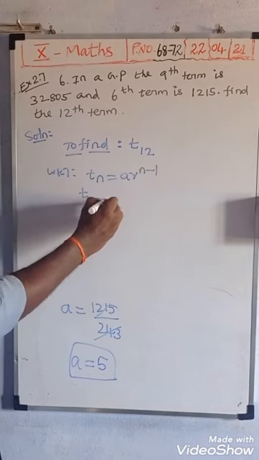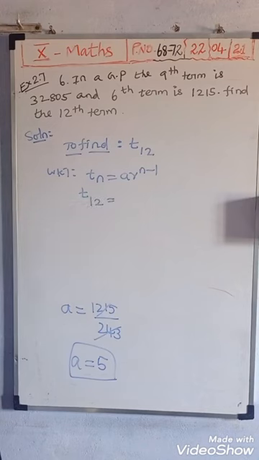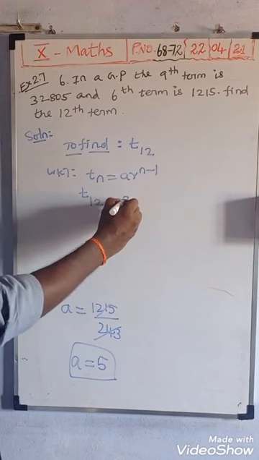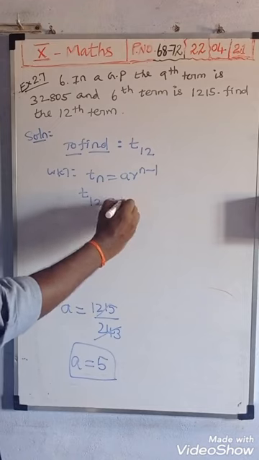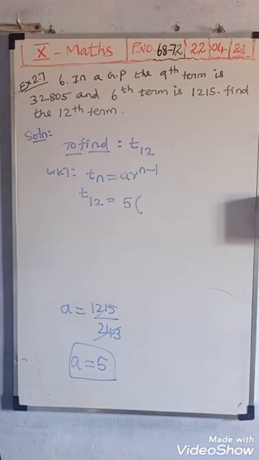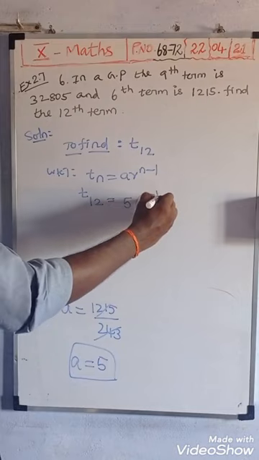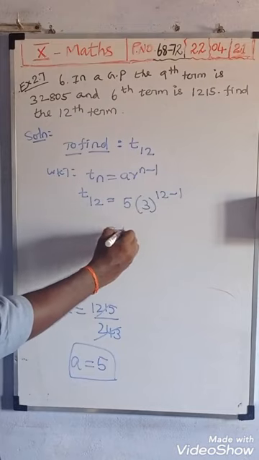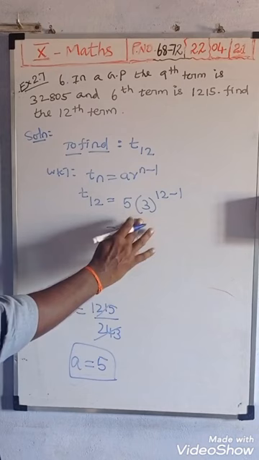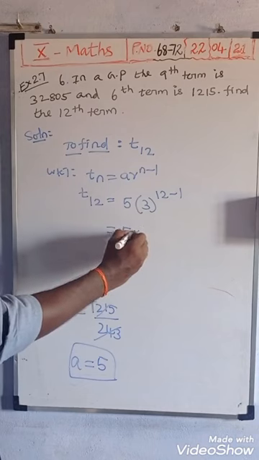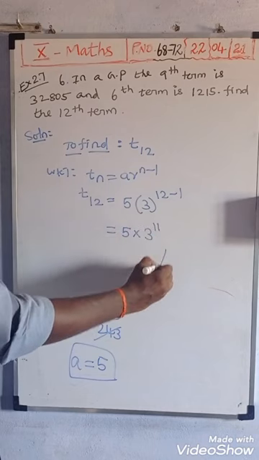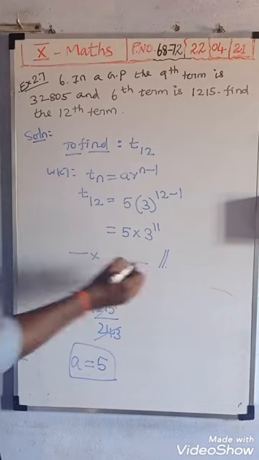So T12, instead of n, 12. So a is 5, and r value we received as 3. So 5 into 3 power 12 minus 1, so 5 into 3 power 11. Okay, this is the final answer.